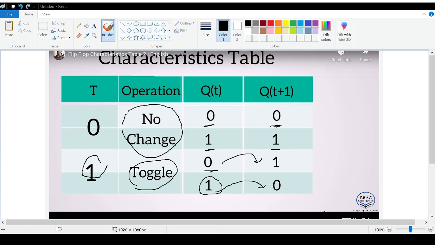Now we have one last part left, that is the equation for the T flip-flop.